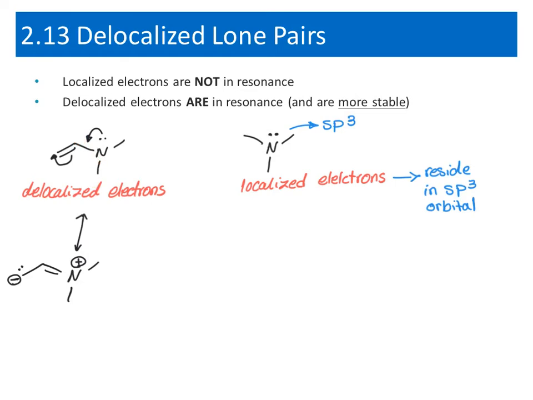It's sp3. However, in the bottom structure, the hybridization is sp2. Now, how is that possible? So here is the point. If you remember, I told you that we have 2 types of electrons that can contribute in resonance. First, electrons in pi bond. Second, electrons in lone pair.